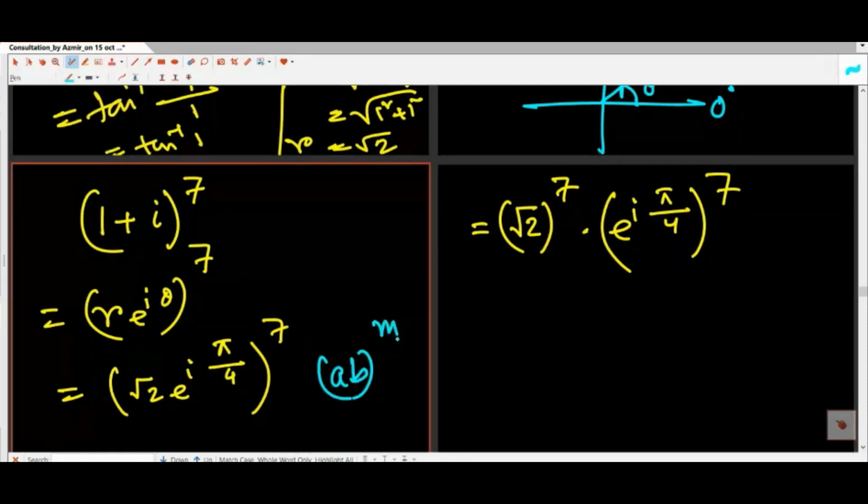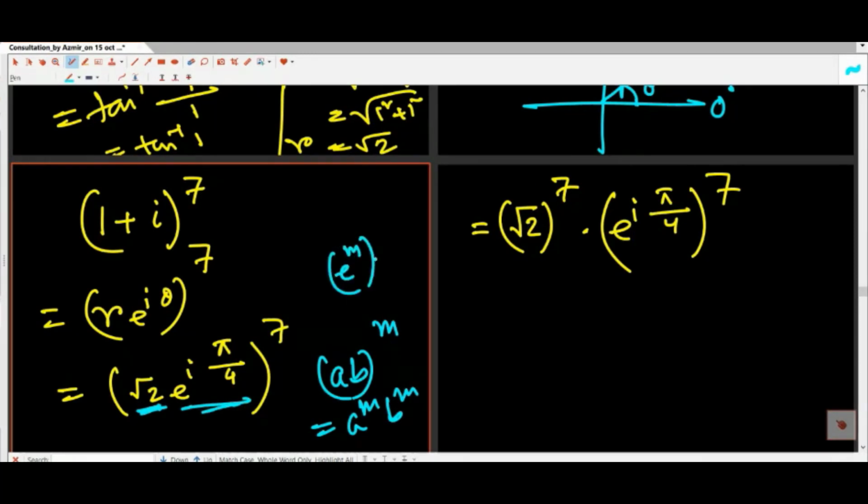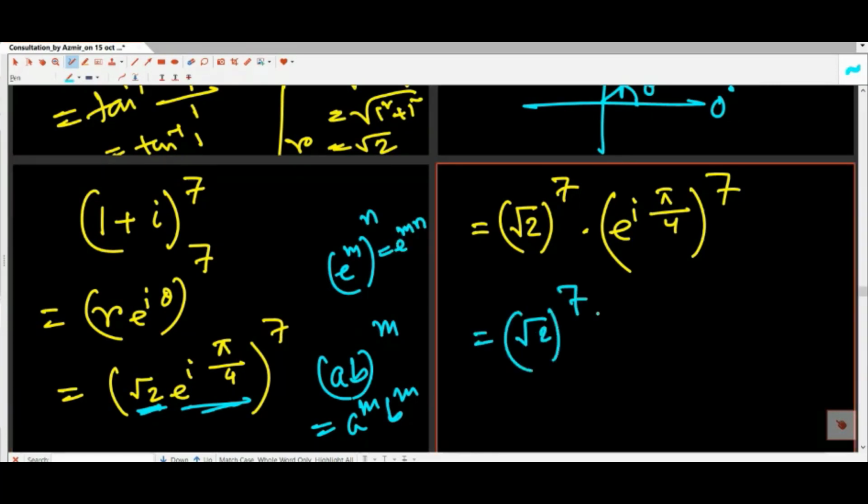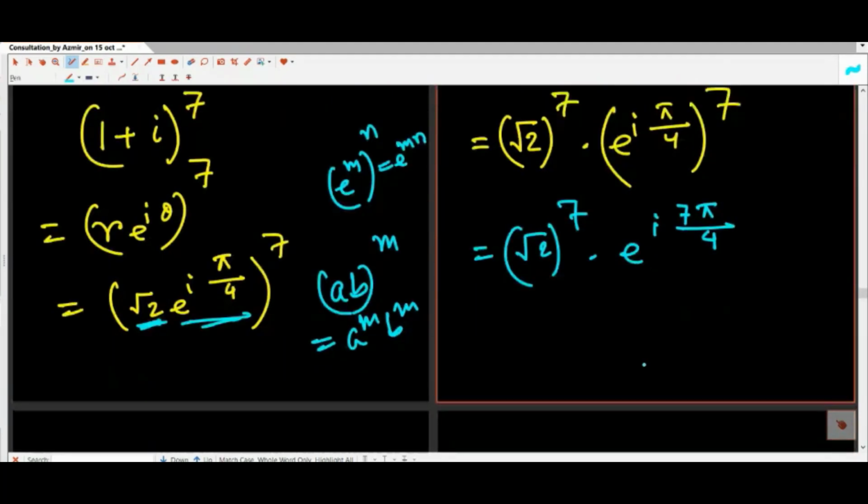Just like the same formula: if we have (ab) power m, it is a power m, b power m. Let us consider this is a and this is b. And again we have the same concept, (e power m) power n is e power mn. So (square root of 2) power 7 times e power i pi over 4 times 7, where 7 will be multiplied. This is how we can solve this problem.